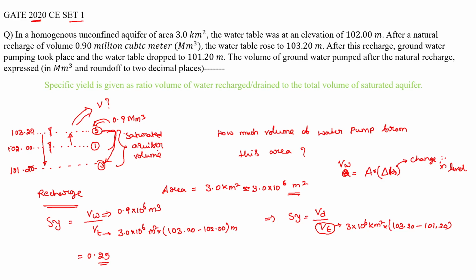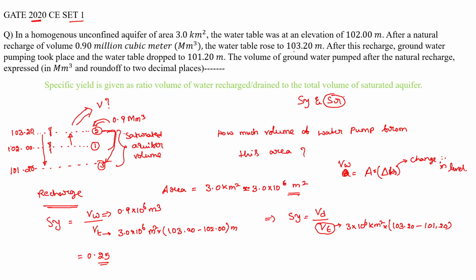Specific yield is the amount of water drained or recharged relative to the total volume, whereas specific retention is the amount of water still retained even after draining from the soil sample or saturated aquifer. So there are two terms, SY and SR. Some amount of water is left in the saturated aquifer even after the recharge.